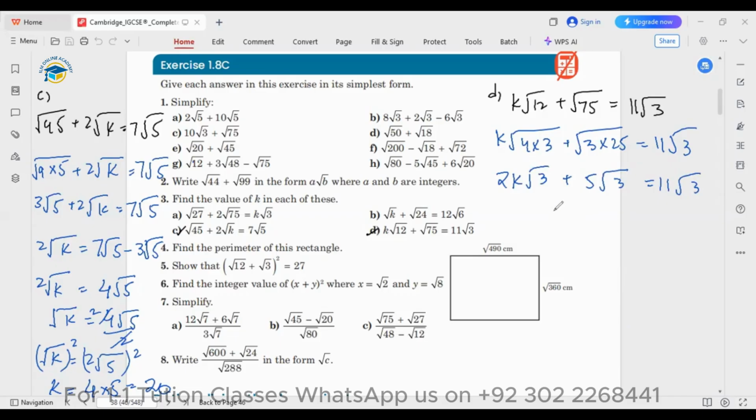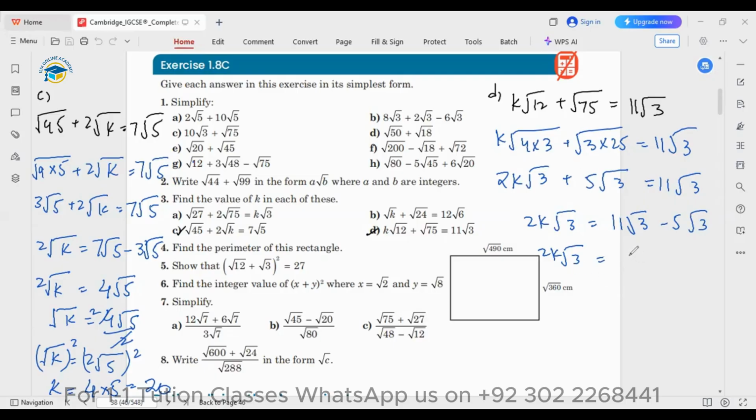So to simplify it further, we can just take this 5 square root 3 on the other side. So this will be 11 square root 3 negative 5 square root 3. And this 2k square root 3 we can keep right now as it is. So first of all, this 11 negative 5 we need to do, as both are having the similar surd.